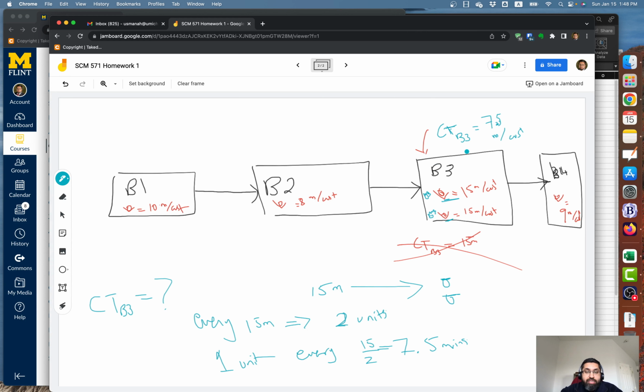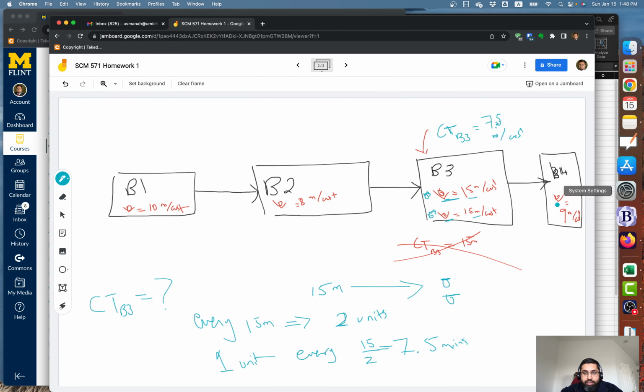Now it's very easy to compute the effective cycle time if they all have the same individual cycle times. You just average them out. If there are 3 workers and each worker takes 20 minutes, we'll do 20 over 3, or 6.33 minutes is the average cycle time per unit, right? And so here you could just do 15 over 2, or 7.5. Okay? So that is how we can analyze this process now.